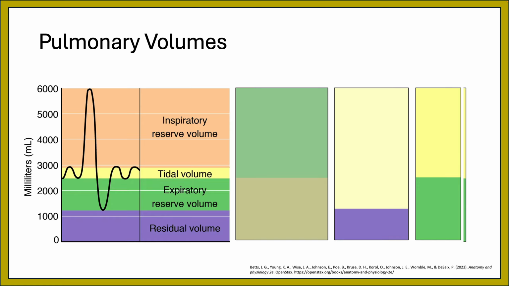The expiratory reserve volume is the amount of air you can forcefully exhale. So if you are normally breathing and then you push more out, that is the extra expiratory reserve volume that you're getting there. The inspiratory reserve volume is produced by a deep inhalation.